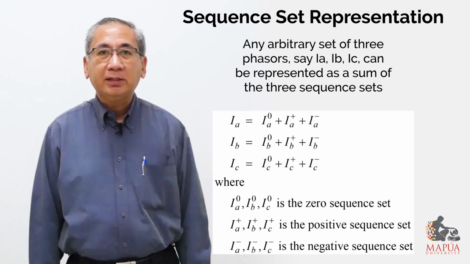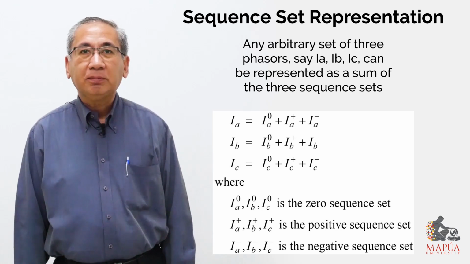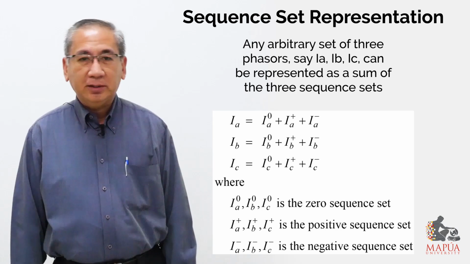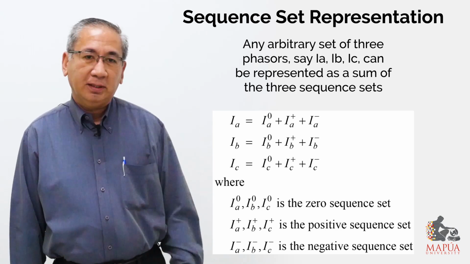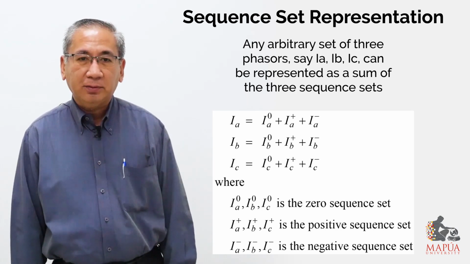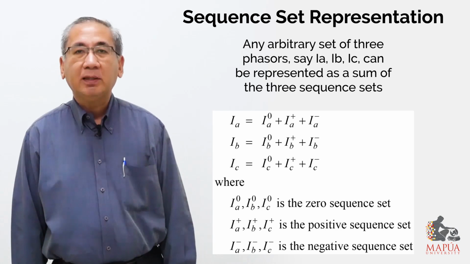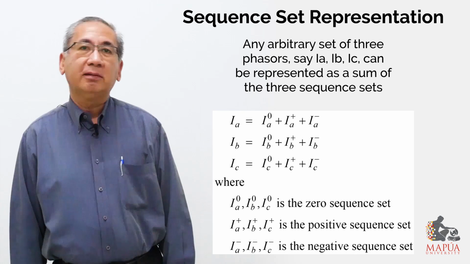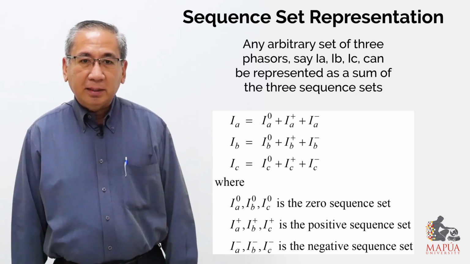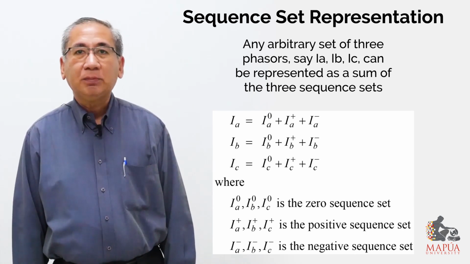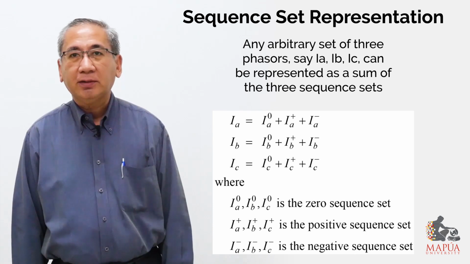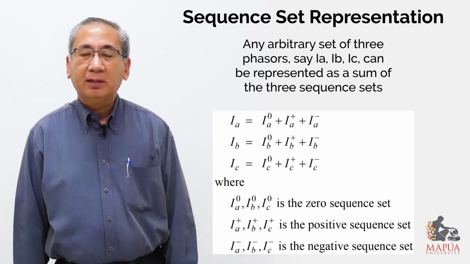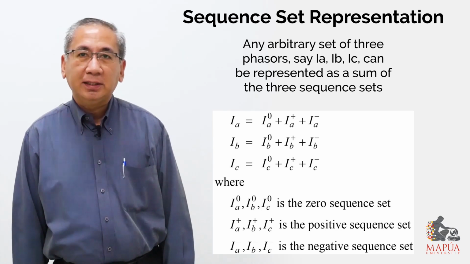IC is equal to IC0 plus IC plus plus IC minus. These parameters, IA0, IB0, IC0, are the zero sequence set. For the positive sequence set, these are IA plus, IB plus, IC plus. For the negative sequence set, these are IA minus, IB minus, IC minus.